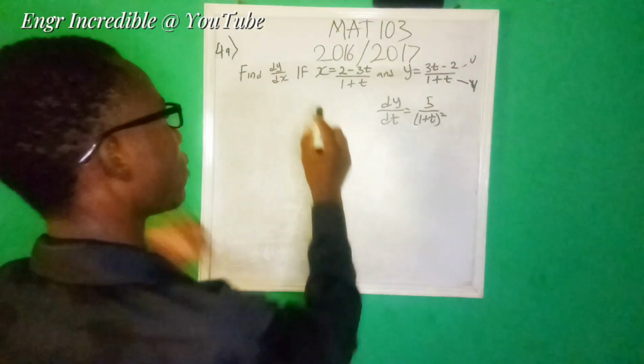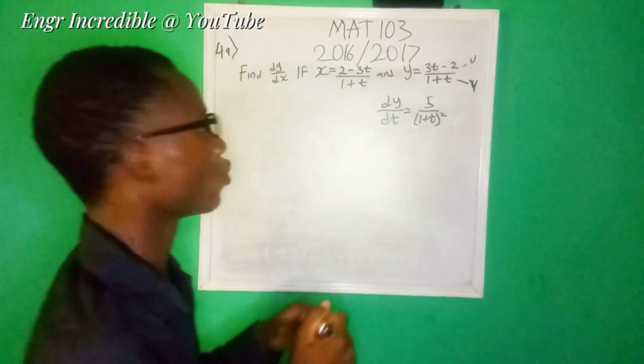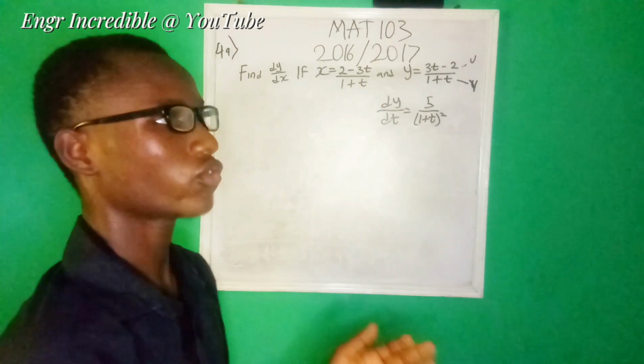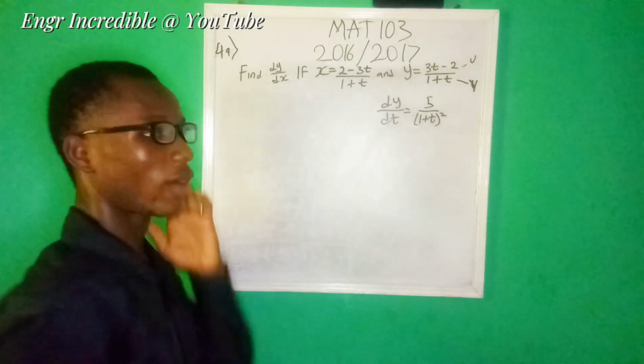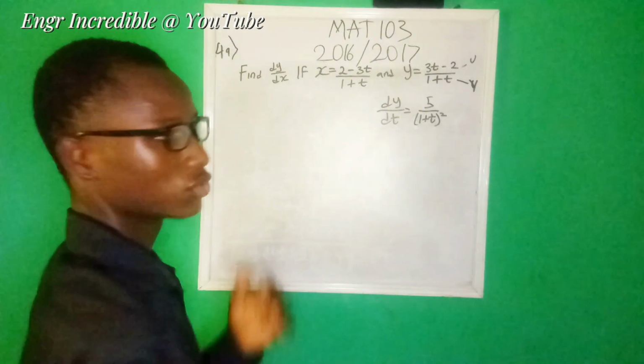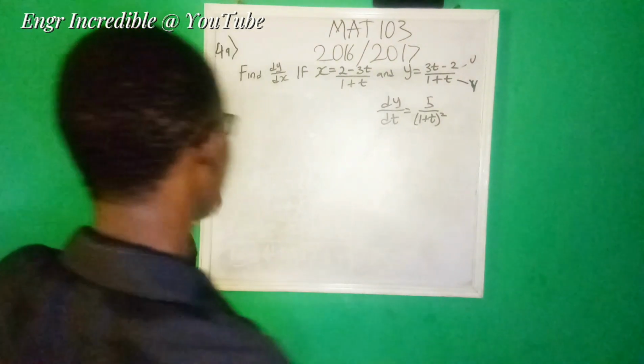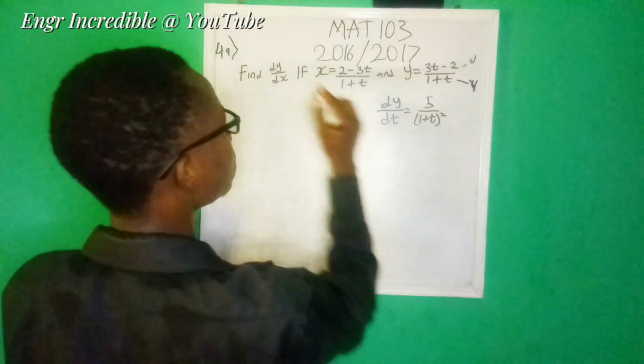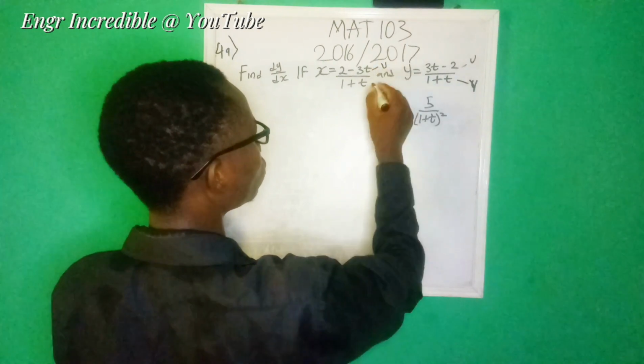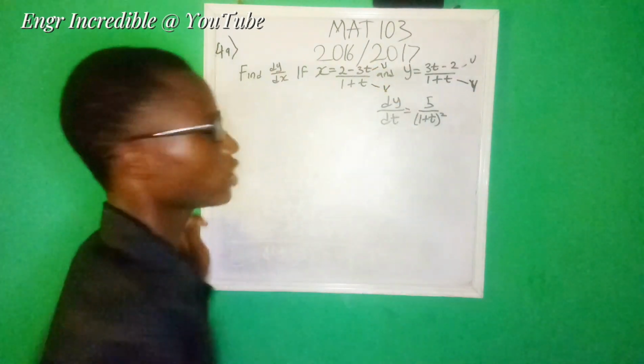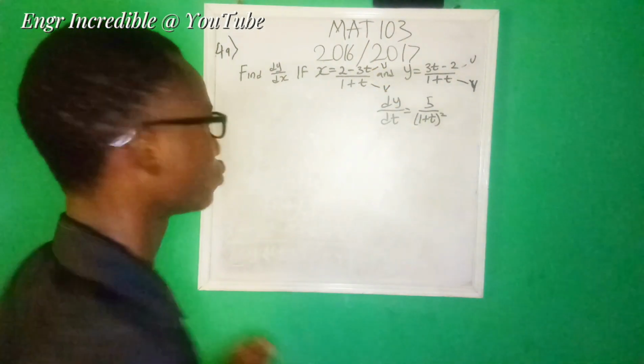Then we move on to our x here, finding for dt dx. Now to find dt dx, we have to find dx dt, then we change it to the inverse. So finding for dx dt, we identify this one as u, identify this one as v, in order to be able to use the same quotient rule.